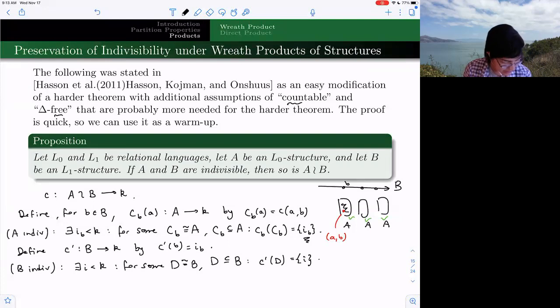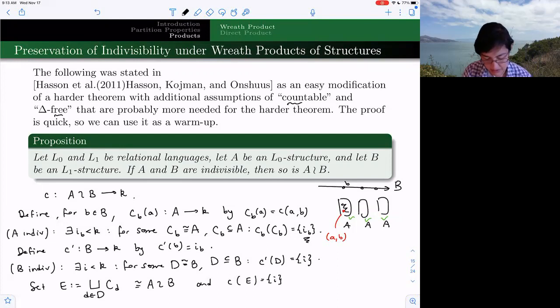Well, that's kind of what we needed. So we'll have a new structure, which is going to be, oops, these guys, right? It's isomorphic to the original, contained in the original. And let's argue that it's all one color.